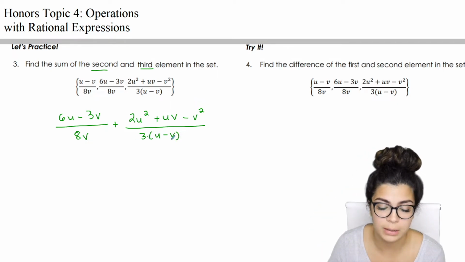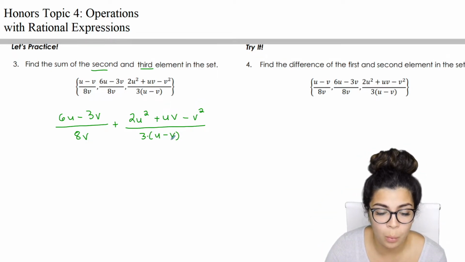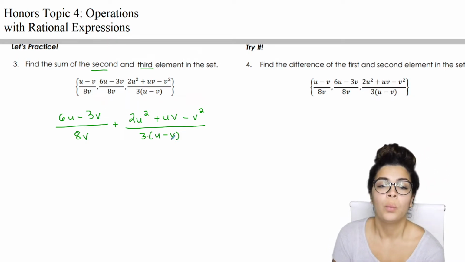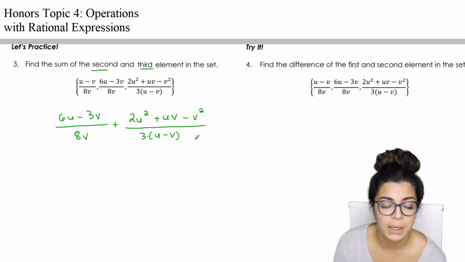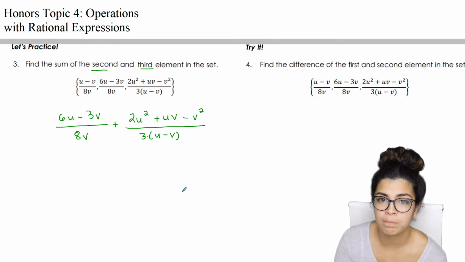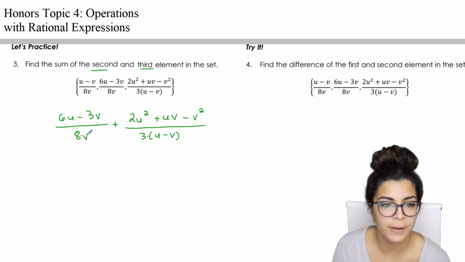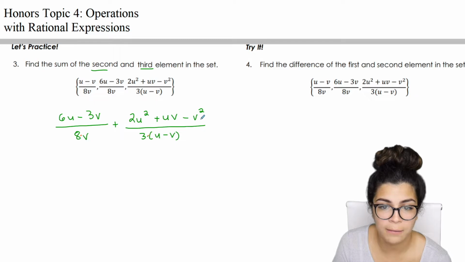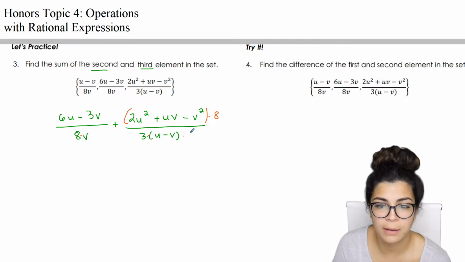Okay, great. So when we're adding and subtracting fractions, we need a common denominator. And that's the same here with rational expressions, right? We need the denominator to be the same. So here I have a factor of 8 and v, and here I have a factor of 3 and u minus v. So in this fraction, I'm missing a factor of 8, and I'm missing a factor of v.